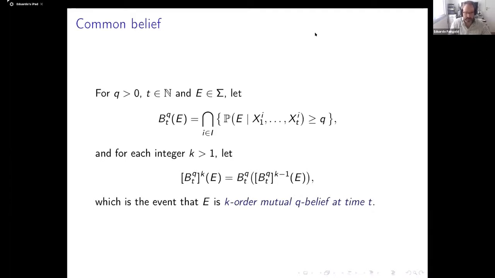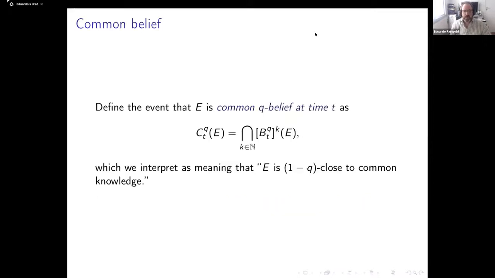Then I can iterate this mutual q-belief operator and get a notion of k-th order mutual q-belief, which says that at time t all agents q-believe E, they also q-believe that everyone q-believes E, and so on, k times. If we iterate this to infinity, we get common q-belief: E is q-believed by everybody, everybody q-believes that everybody q-believes E, and so on, infinitely many times. So we can interpret q as a measure of how close to common knowledge we are.